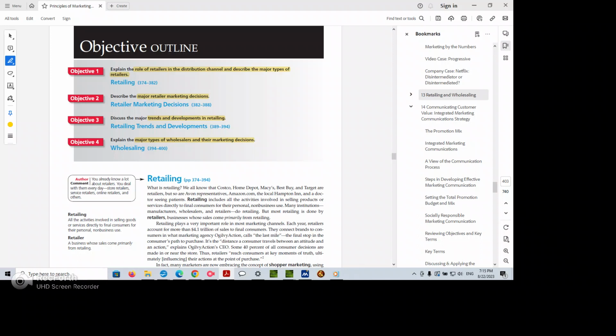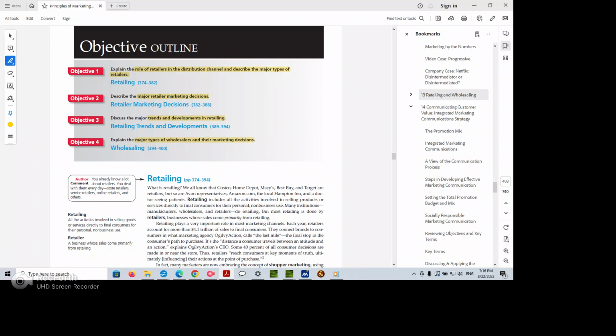And where it buys from is also different, because the wholesaler buys directly from the supplier, which is oftentimes a trading company and or the manufacturer, versus a retailer, which buys from the wholesaler.